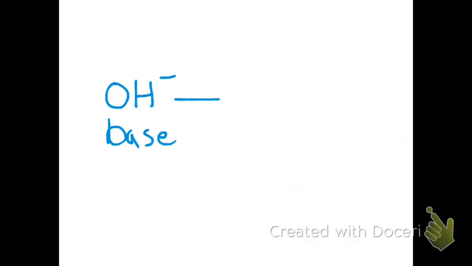When we make the conjugate acid of this, we just need to add one more proton, and this is essentially H2O. We basically remove the minus sign and have a neutral molecule in this case.